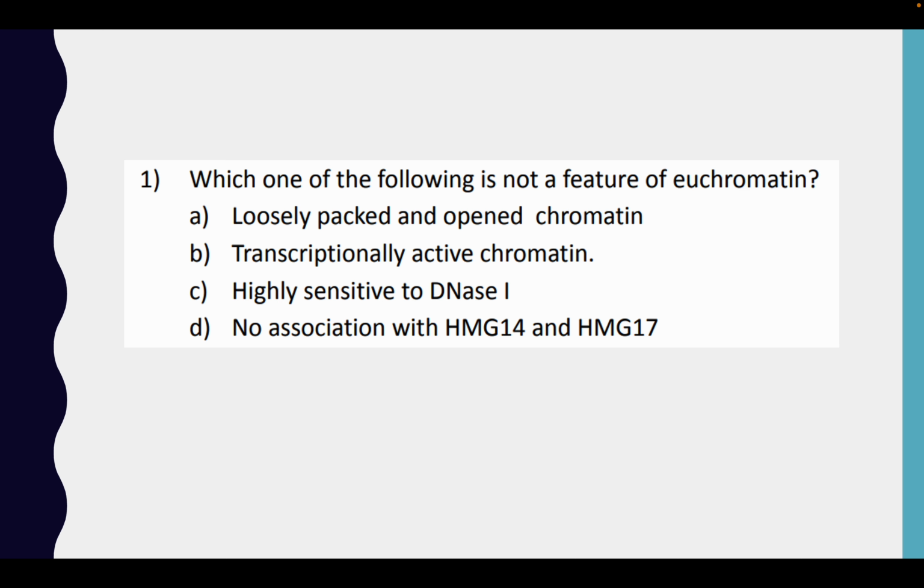Since RNA is synthesized from DNA, it is transcriptionally active. Due to the less compact structure, they show light staining. They replicate in the early S phase. They are more easily transcribed than heterochromatin, and they appear as beads on a string under an electron microscope.